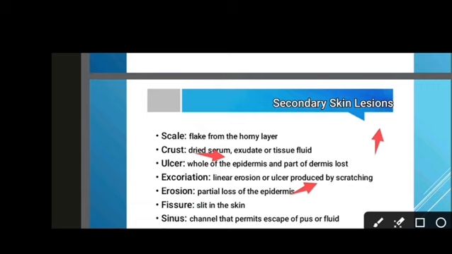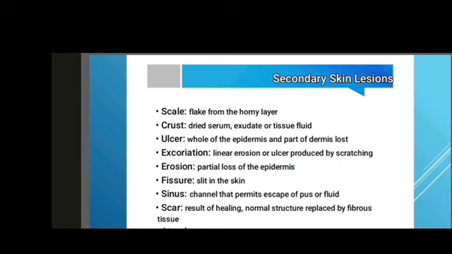Another important secondary skin lesion is the fissure. A fissure is a slit, a formation of a slit in the surface of the skin. A sinus is a channel or tract that permits the escape of pus or fluid. When there is pus inside a cavity, the pus has to escape from the lesion.